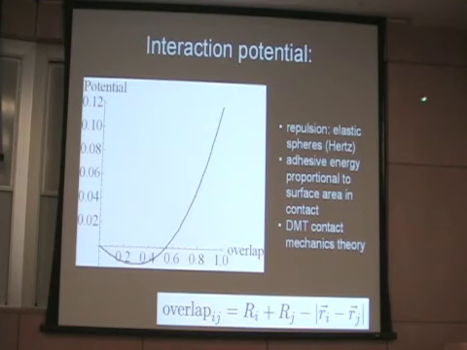So for this model, I'll use what's called the DMT contact mechanics model. But in general, the repulsion is like elastic spheres. So these cells repel like elastic spheres, and the adhesive energy is proportional to the surface area in contact. And that's what this model does.